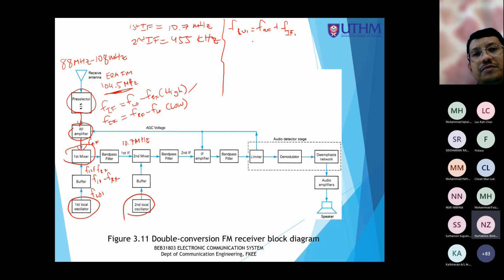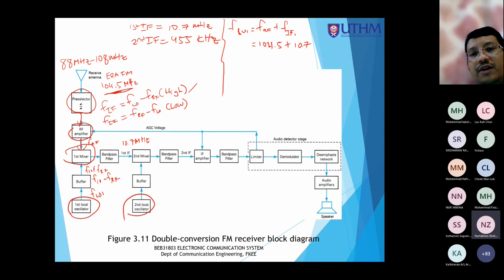The FRF is the frequency that we receive, the center frequency, which is the radio station that I want to listen to, 104.5 megahertz. And we add the first intermediate frequency that we already know from the standard, which is 10.7.